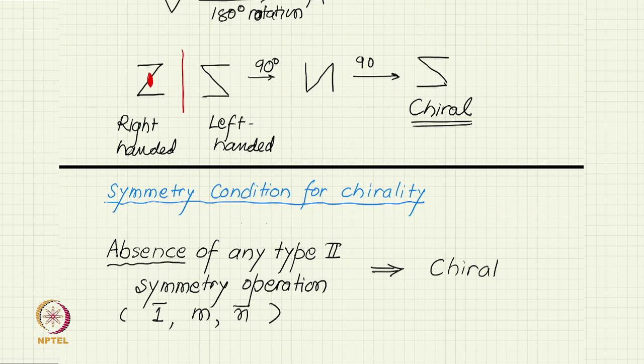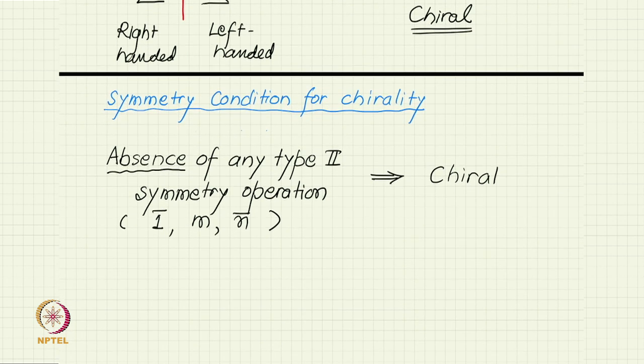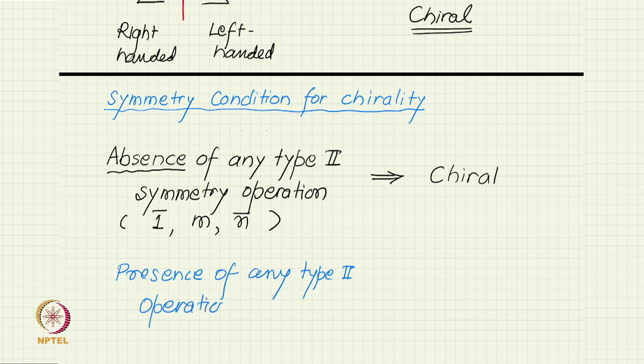So, the requirement for showing chirality is that there should not be any type 2 operation in the object, and the reverse of this is also true. So, the presence of any type 2 operation in the symmetry group will imply that the object is achiral.